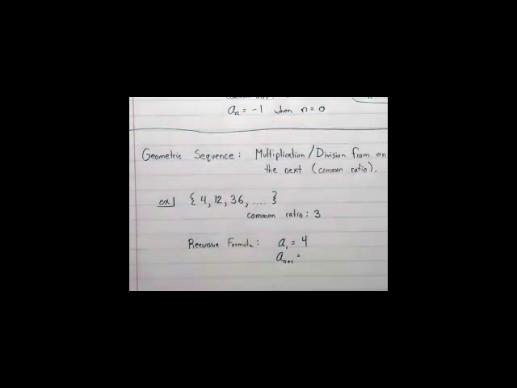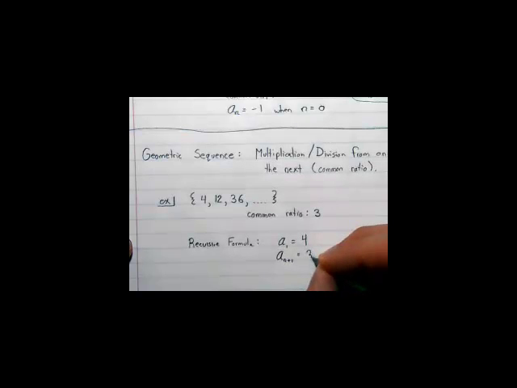And then a sub n plus 1. What am I going to do to get to the next term? Multiply by 3. So this little formula will show that: a sub n plus 1 equals 3 times a sub n. And that's it. That would be your recursive formula for this one then.